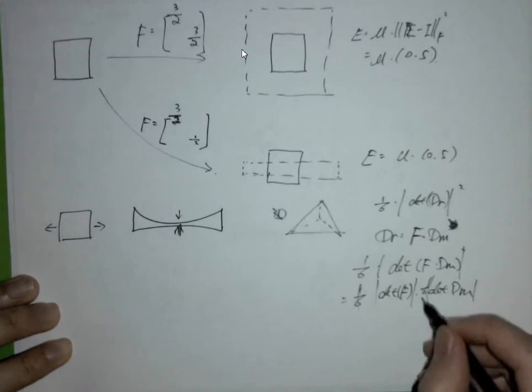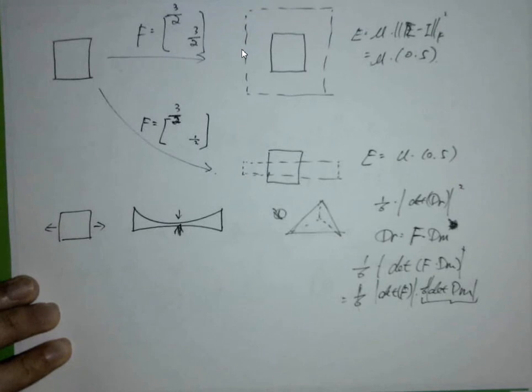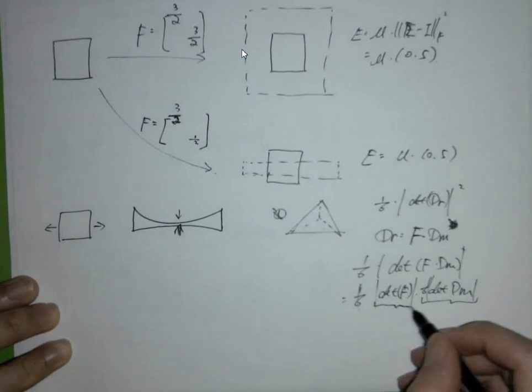This is my original volume, and the determinant of F is the change of the volume.